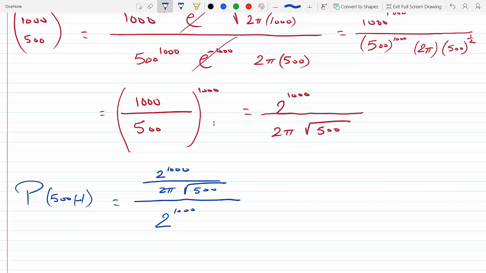Oh yeah, I couldn't have ignored them, because had I done that I would have gotten a 1, which is not very reasonable, because these guys will completely cancel out. So I will get 1 over 2 pi square root 500.